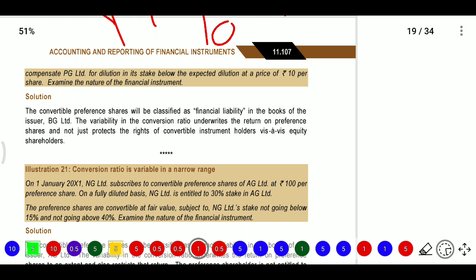So they provided convertible shares, but here the amount was fixed. When the amount is fixed, it will become a financial liability in the books of the issuer. Here the variability in the conversion ratio underwrites the return on preference shares and does not just protect the rights of convertible holders vis-a-vis equity shareholders.